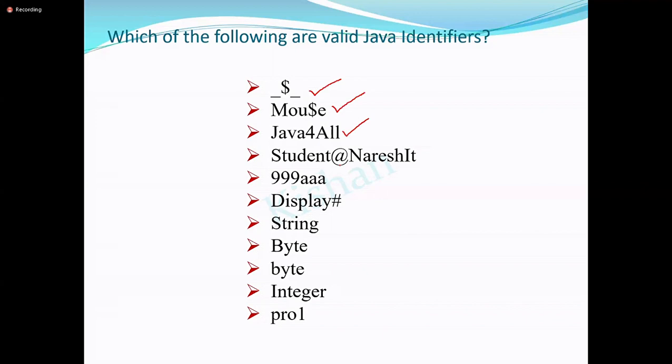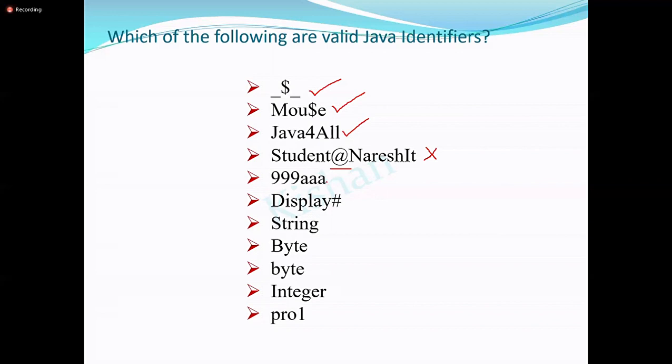What about fourth one? Fourth one is valid. Guys, come on. Fourth one, we are having @ symbol. I told you only two symbols are allowed. Dollar and underscore. So this is invalid.